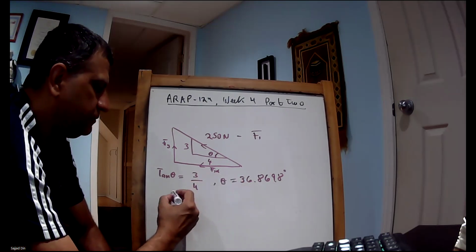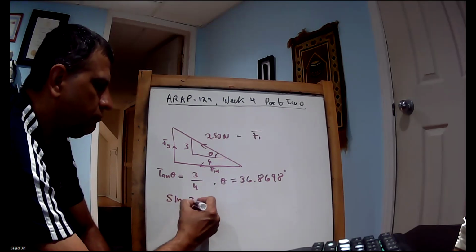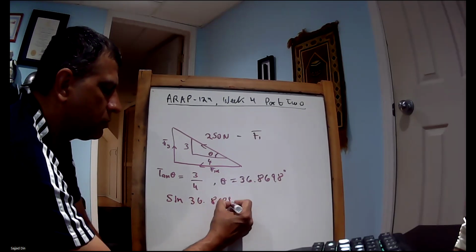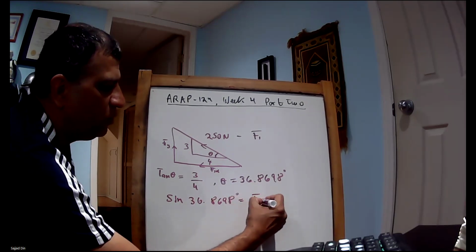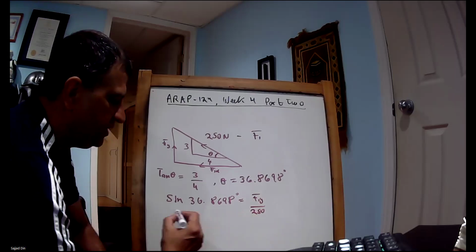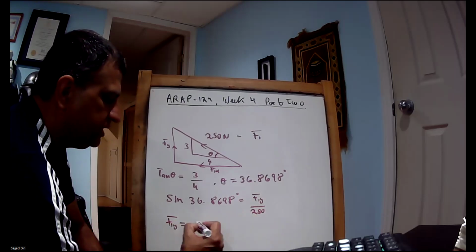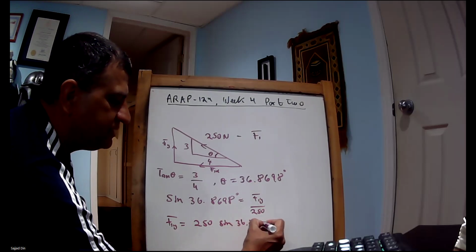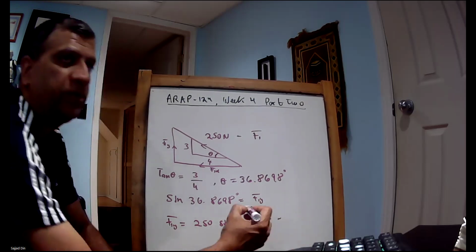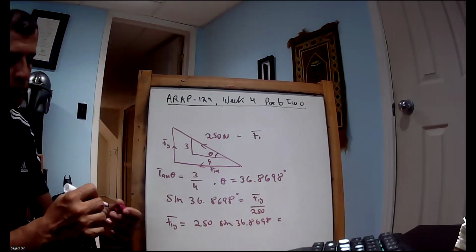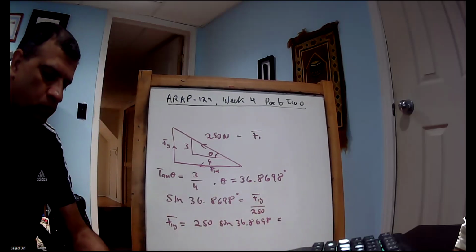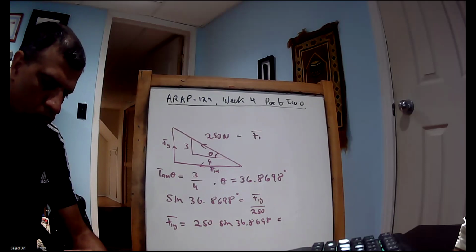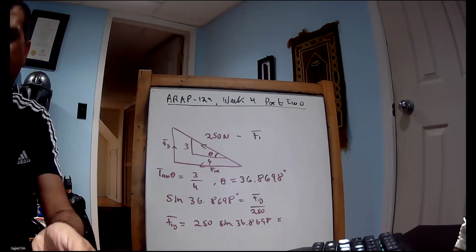So sine of theta is equal to F1y over 250. So F1y is equal to 250 sine of 36.8698, which is equal to 150.